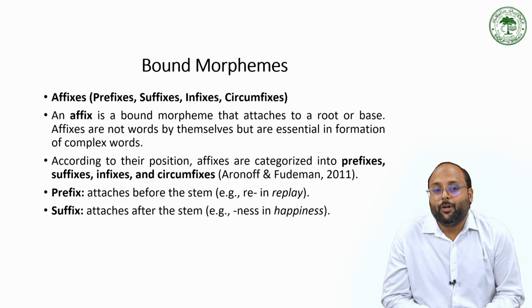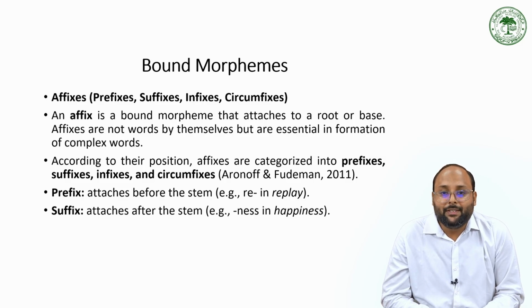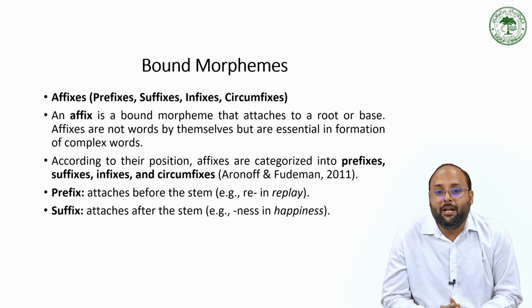Now we come to the bond morpheme. All the affixes also come under the bond morpheme. In every language we have affixes. Affixes means we have prefixes, suffixes, infixes, and circumfixes in the language. An affix is a bond morpheme that attaches to a root or base.